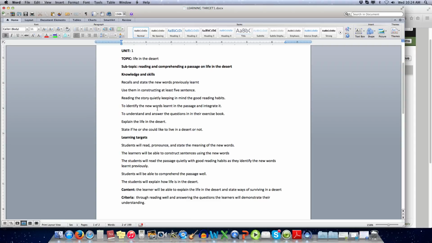I see your first one: students will read, pronounce, and state the meaning of new words. What I recommend for this one is to divide it up, as I see some different skills within the same learning target.